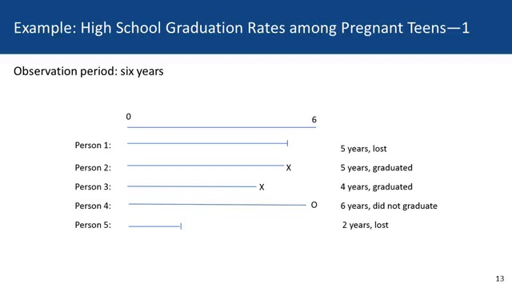Person 2 was observed from 2012 to 2017, or 5 years, and graduated. Person 3 was observed for 4 years and graduated. Person 4 was observed for the full 6 years and did not graduate. And person 5 was observed for the first 2 years of our study period, but then was lost to follow-up.